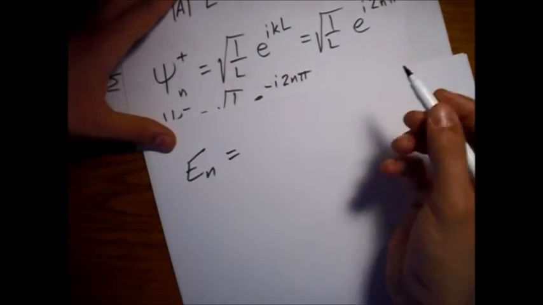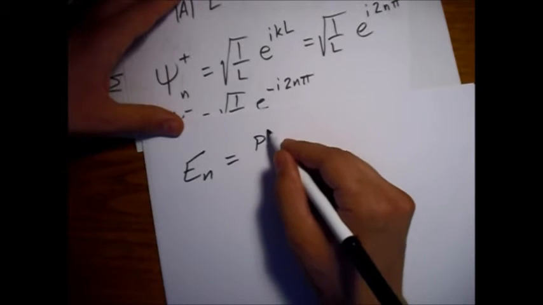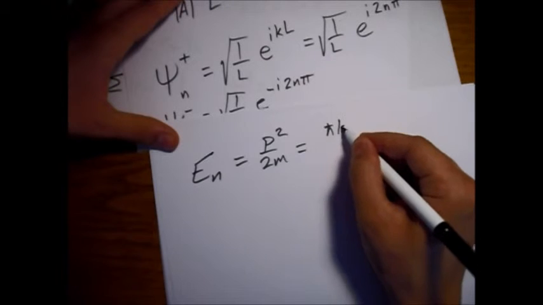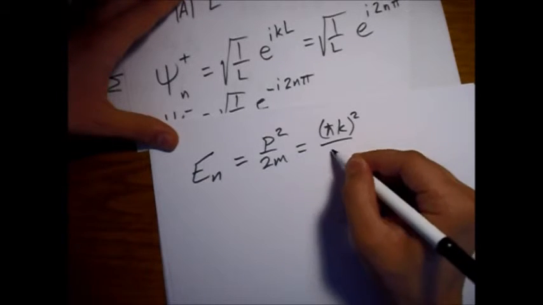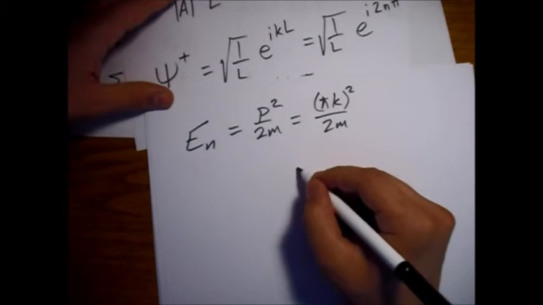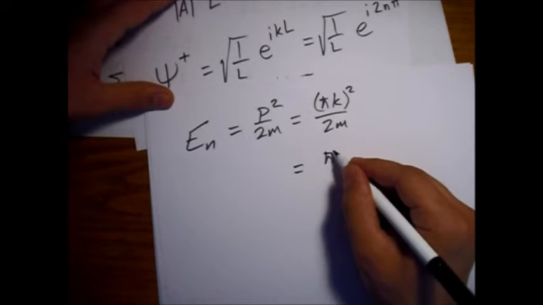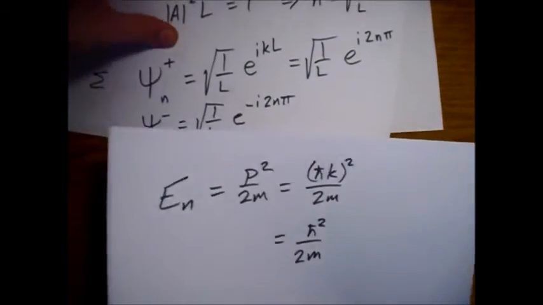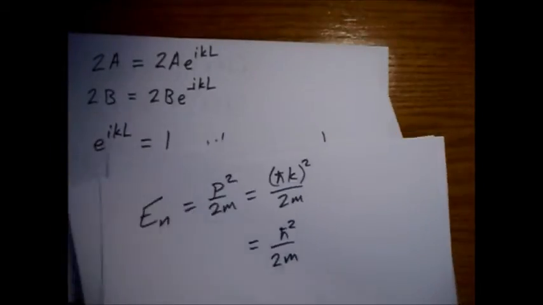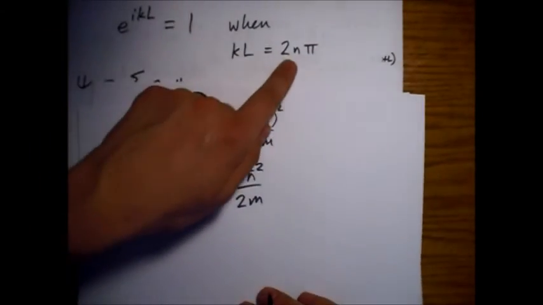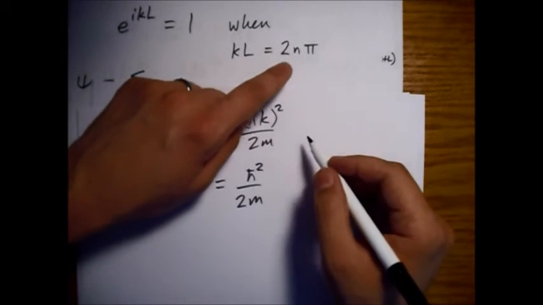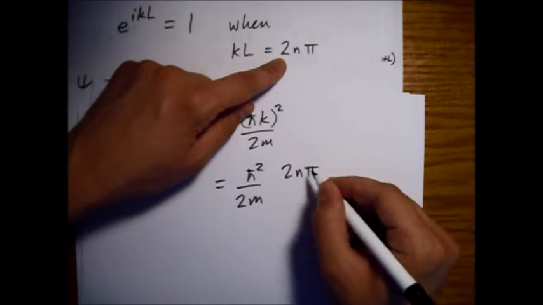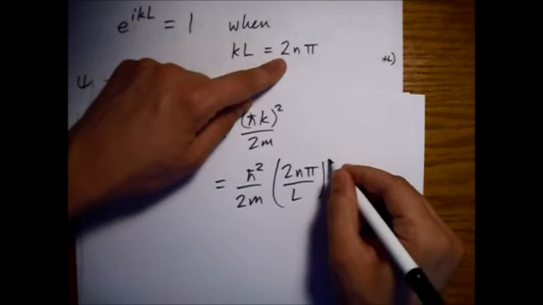E sub n is just going to be p squared over 2m, which is equal to h bar k squared over 2m, which is equal to, so we have an h bar squared, we have a 2m, and then we just have to square k, which again was 2 pi n over L. 2 n pi over L, this is squared.